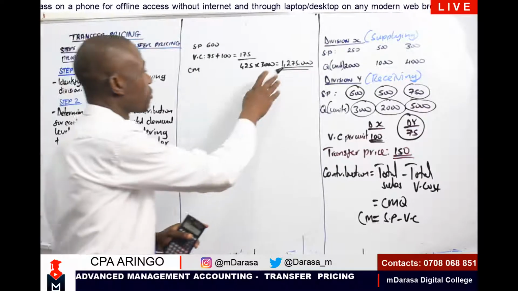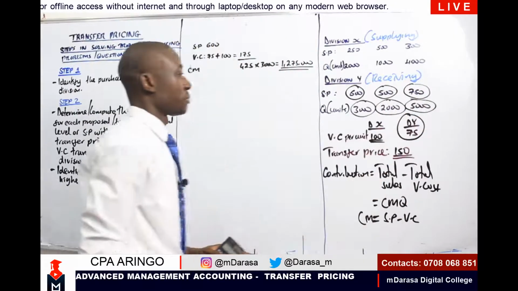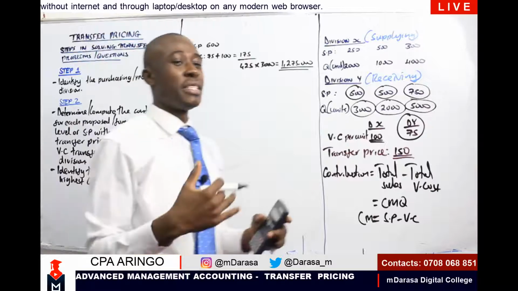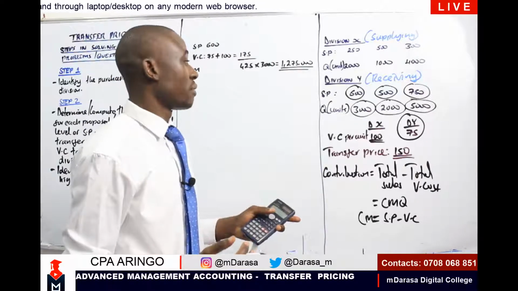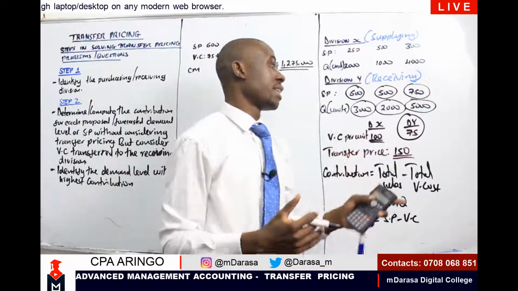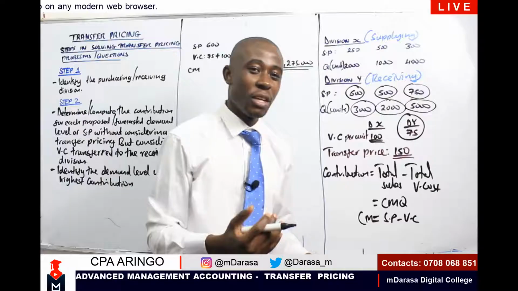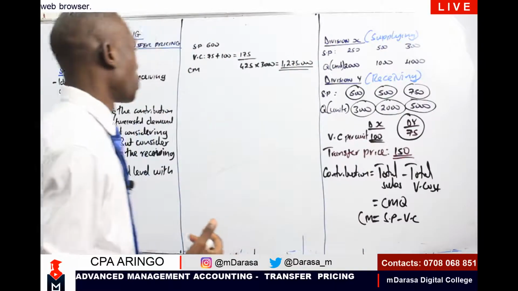I'll do this for 600, 500, and 750. Where we will have our highest contribution is the one that we are going to select. For example, this case we've determined it to be 12.5. Assuming this one, I get say 2 million. Assuming the other one, I get say 3 million. Meaning that 3 million will be our highest contribution.